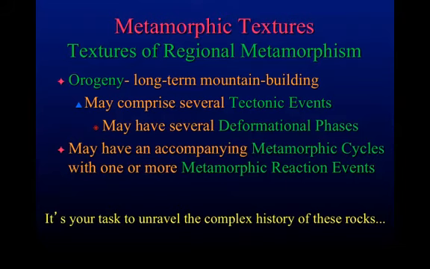This could involve multiple tectonic events leading to multiple deformational events, and this can go along with several metamorphic cycles, meaning that there are multiple metamorphic reaction events taking place during deformation and while the mountain building is ongoing. And so we have clues to those metamorphic and deformational events in the rocks when we look at metamorphic rocks.